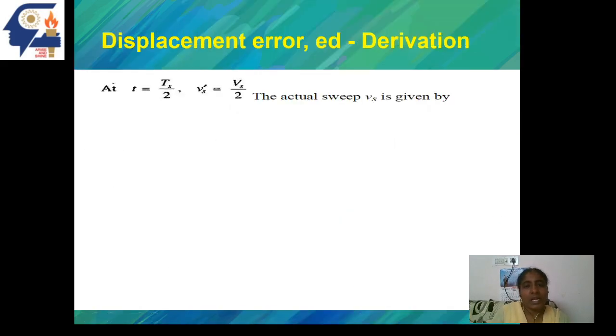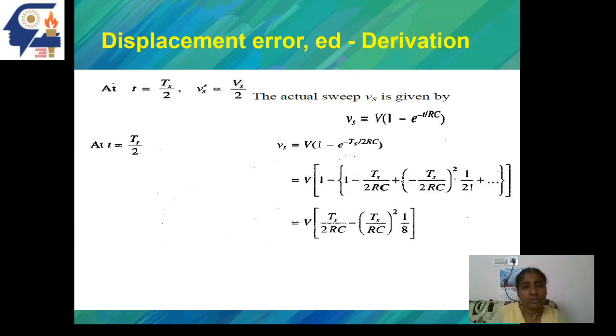If we take time Ts by 2, the actual sweep is Vs by 2. If we see here at Ts by 2, we are substituting in this equation, time equal to Ts by 2.